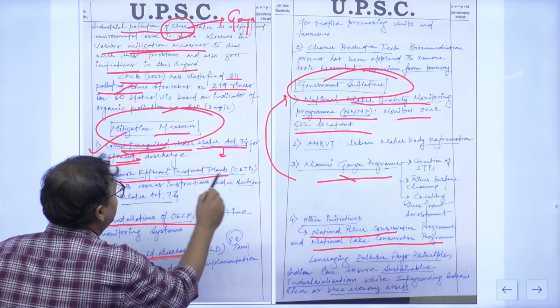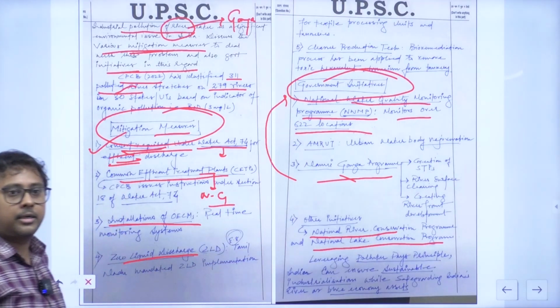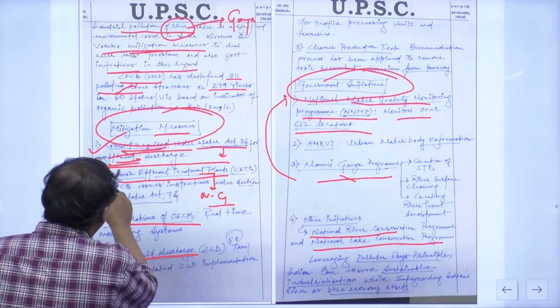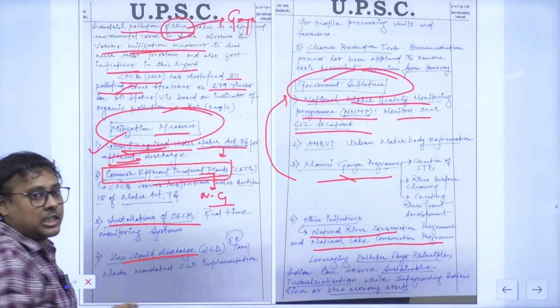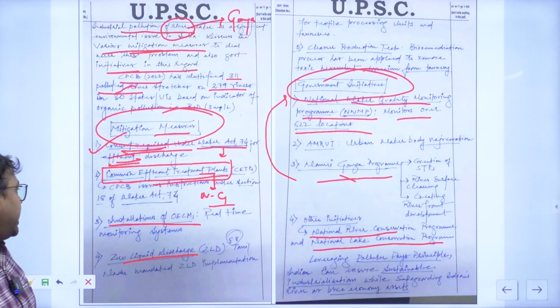Like common effluent treatment plants, this also comes under Namami Gange, right? But this plant is a specific measure to stop river pollution, right?